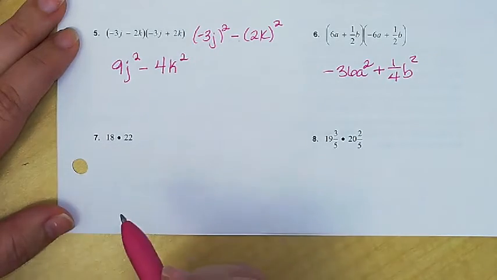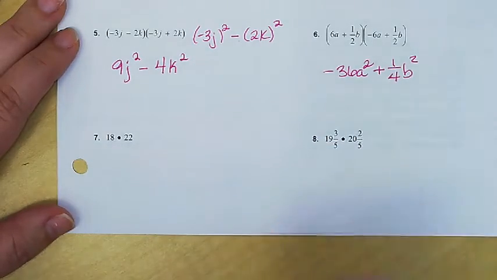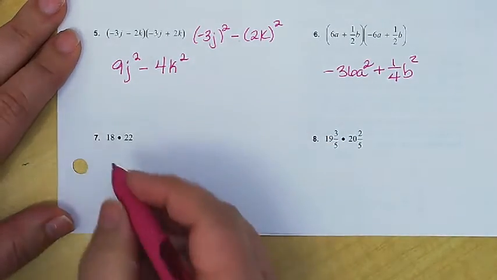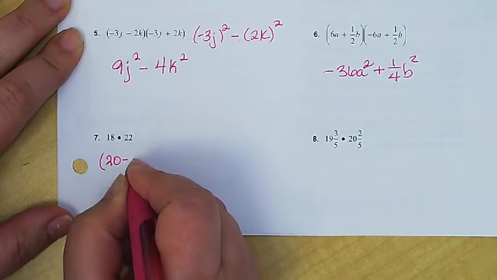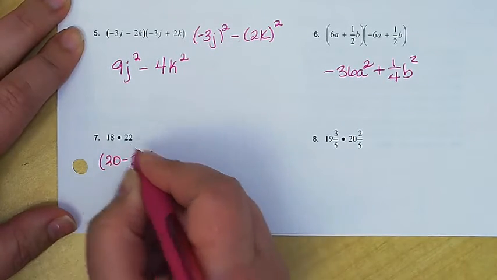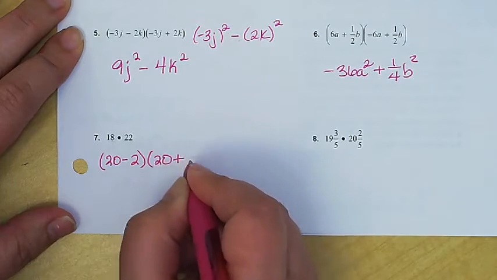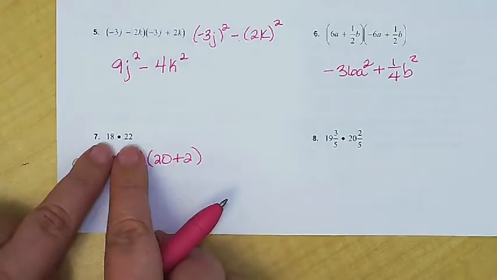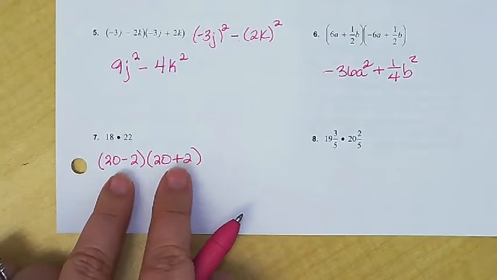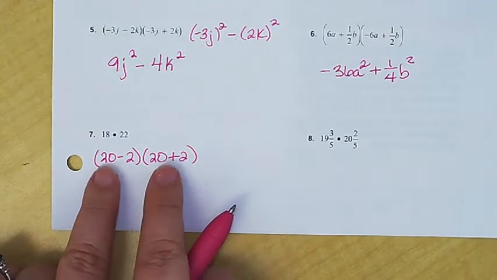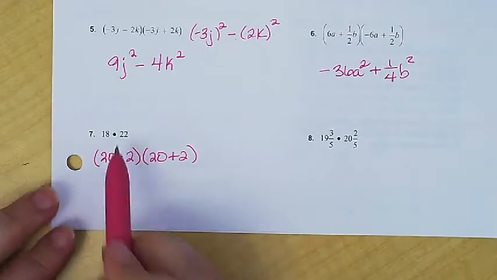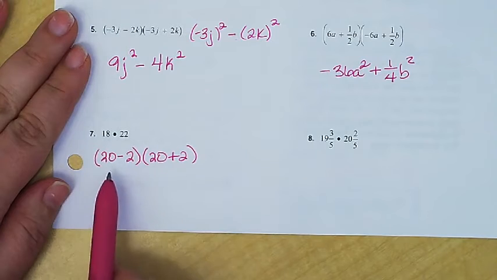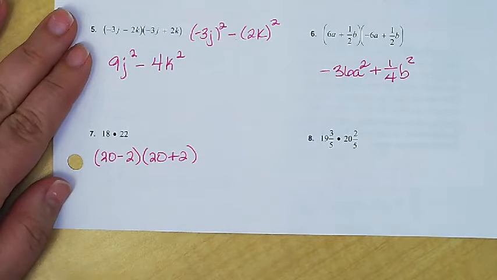So I don't know what 18 times 22 is, and I would have to go and compute it all out. But one option I could do is write 18 as the difference of 20 and 2, and 22 as the sum. So I'm able to write them in terms of the same numbers, once a difference, once a sum. And even though I didn't know this off the top of my head, I definitely know these, right?